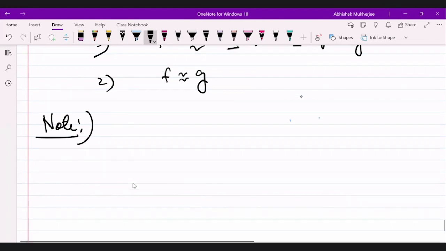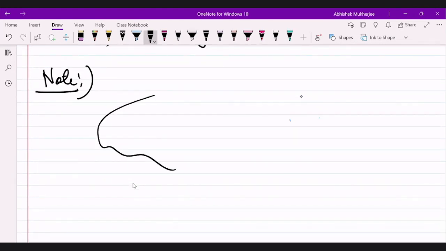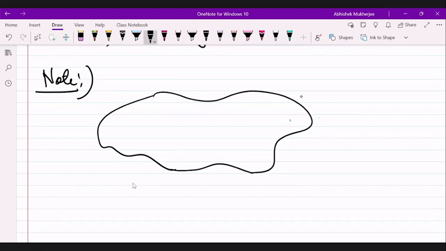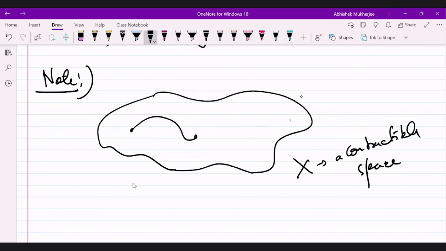So suppose you take a contractible space, and let us take a path from x0 to x1.